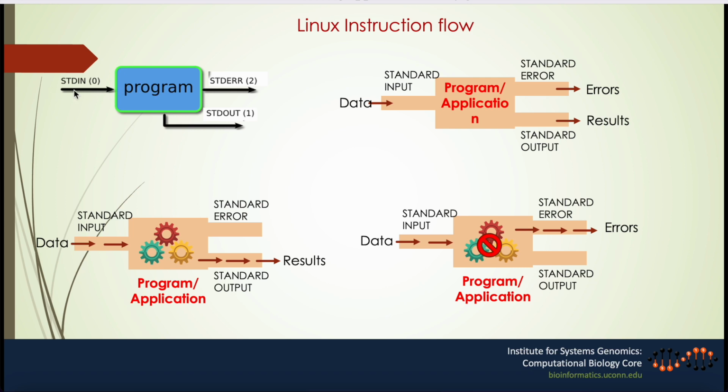The first channel is standard input, generally denoted by number 0, standard out denoted by number 1, and standard error denoted by number 2. You will see these numbers in and around certain Linux code. When you run a particular program or command that uses data or some sort of input, it reads through standard input.